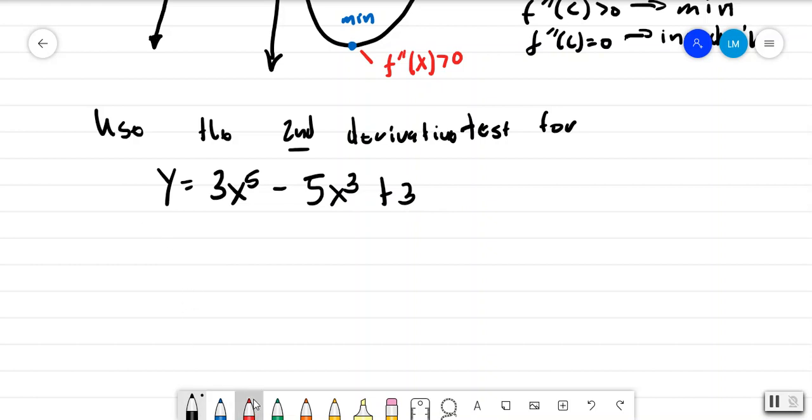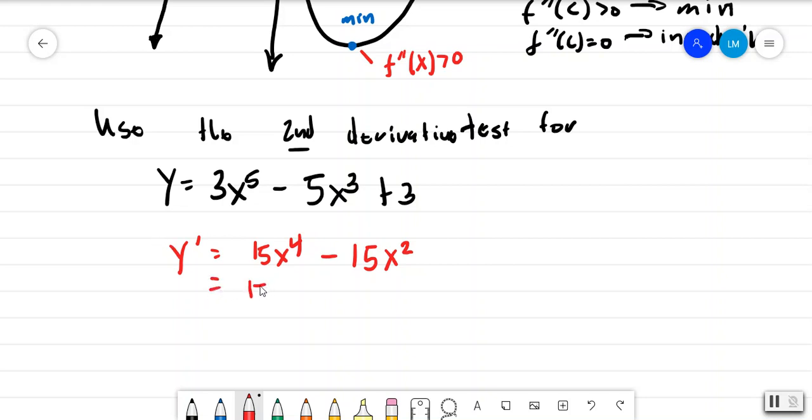This is not too bad because we just have to take the derivative using the power rule. So we have 15x to the fourth minus 15x squared. In this case, we can actually factor out 15x squared.